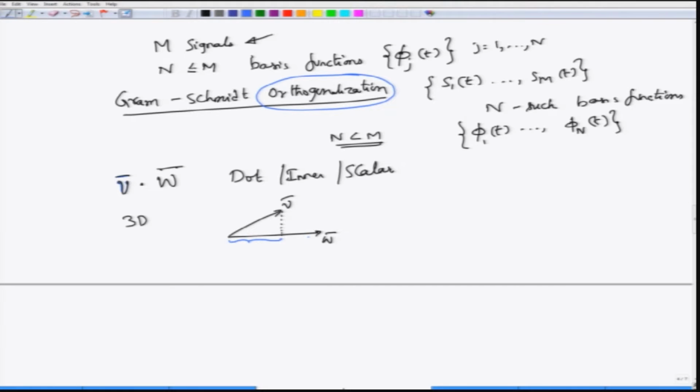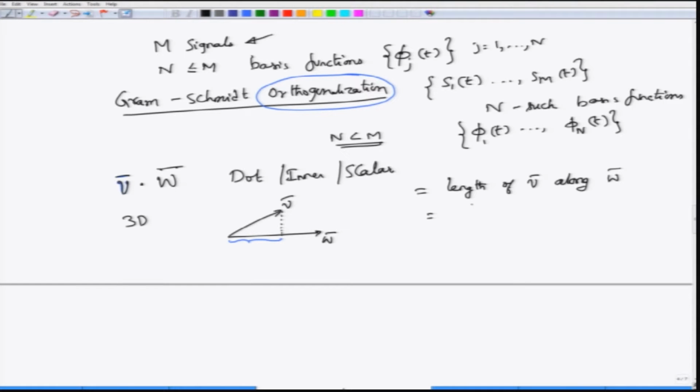So, this might be the definition that you have seen: v dot w is the length of v along the vector w. Of course, v has to belong to the same vector space as w. If they belong to the same vector space, then v dot w will give me the length of v along w.